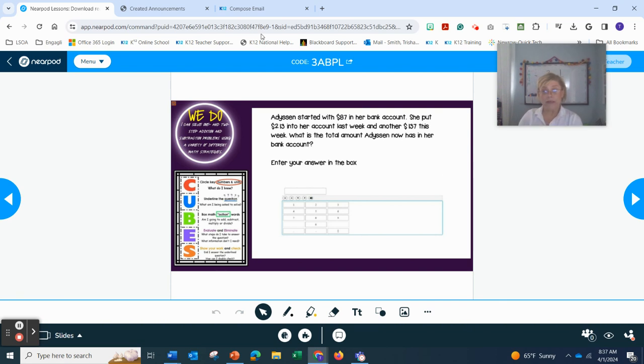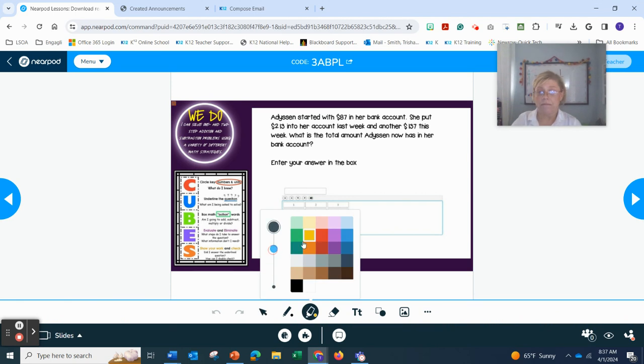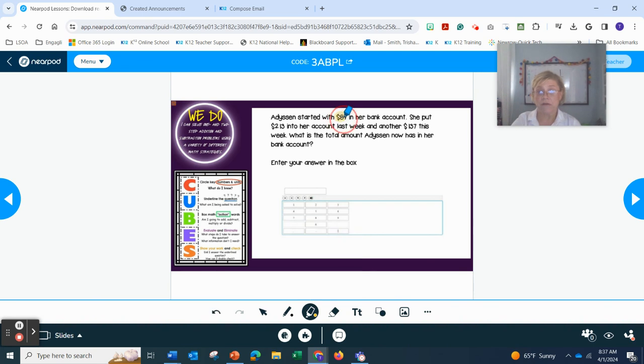So, what do we need to do to solve this problem? We need to identify how much Addison had started with. She started with $87. She put $213 in her account last week, then another $137 in her account this week.